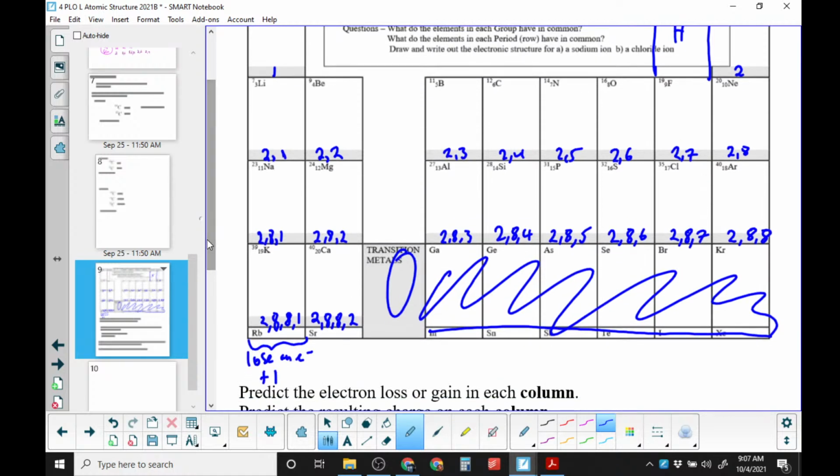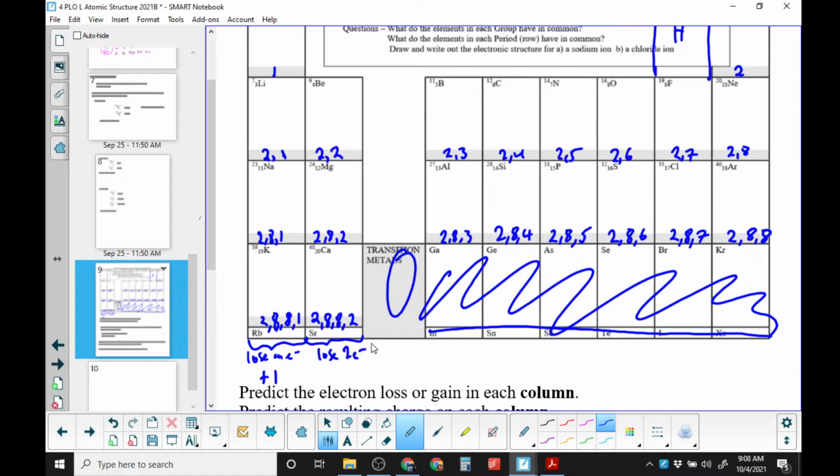Okay. Next one. Cahalan. For the next one, are we going to lose those 2 electrons, or are we going to gain 6? So we're going to lose 2 electrons.